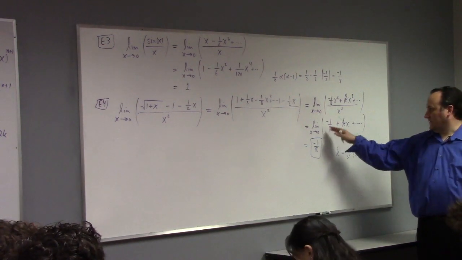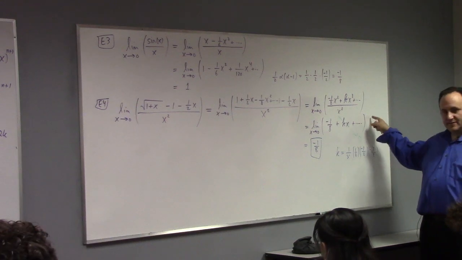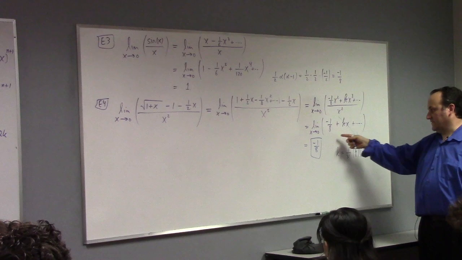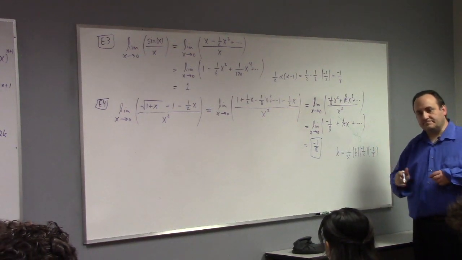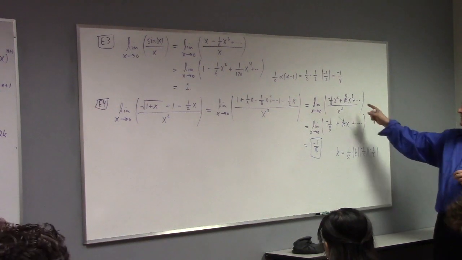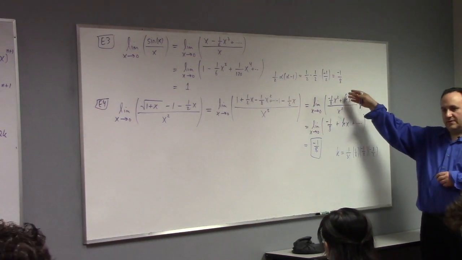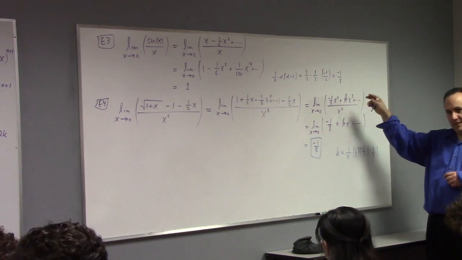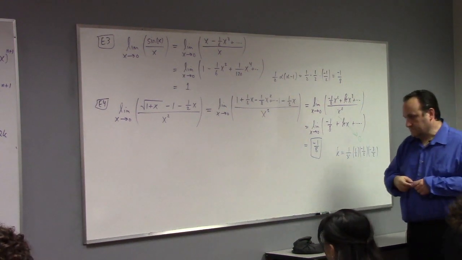So as x goes to 0, that goes to 0. And past that, there's an x squared and an x cubed and so forth. All those terms vanish, and we're just left with a constant. Oh, so the 1's canceled out and the negative 1 has. Okay. Yeah, yeah. And then here I'm just dividing by, when we divide a series by just a simple term, then we just drop the power by 2.